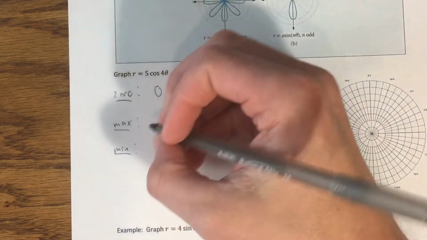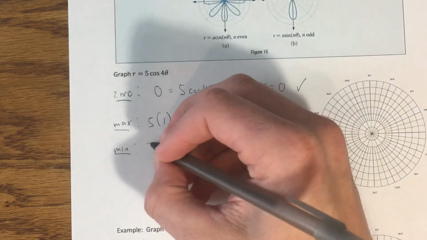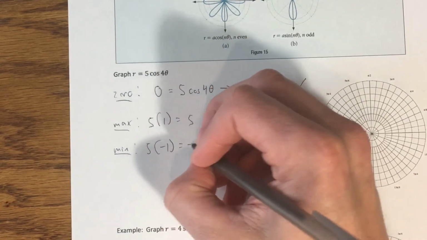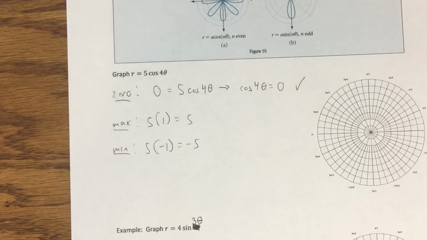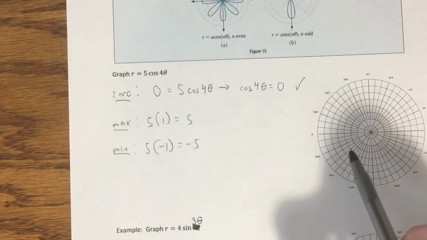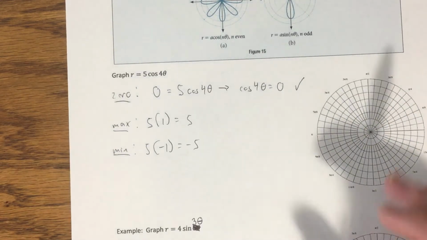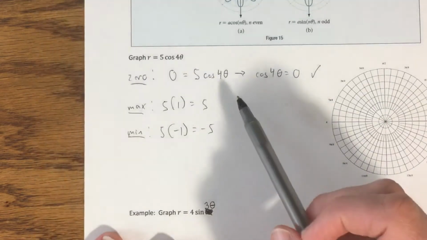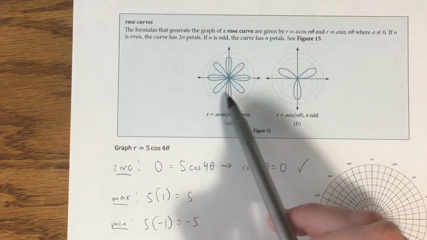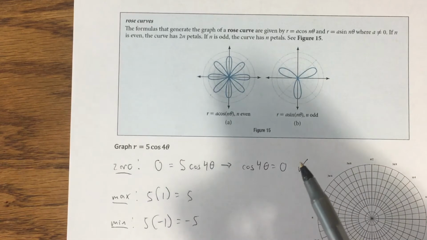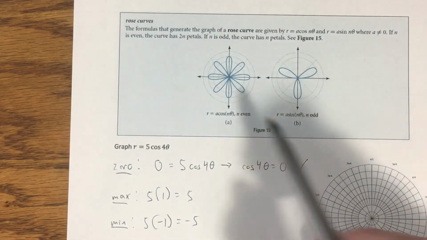So for a positive 1, I would get 5 times 1, which is 5. For a -1, I get 5 times -1, which is -5. But in either case, 5 or -5 in polar coordinates represents a point that's 5 units away from the origin, or the pole. So what that means is that the tip of each of the petals, remember this is going to have a total of 8 petals, is going to be 5 units away from the pole.